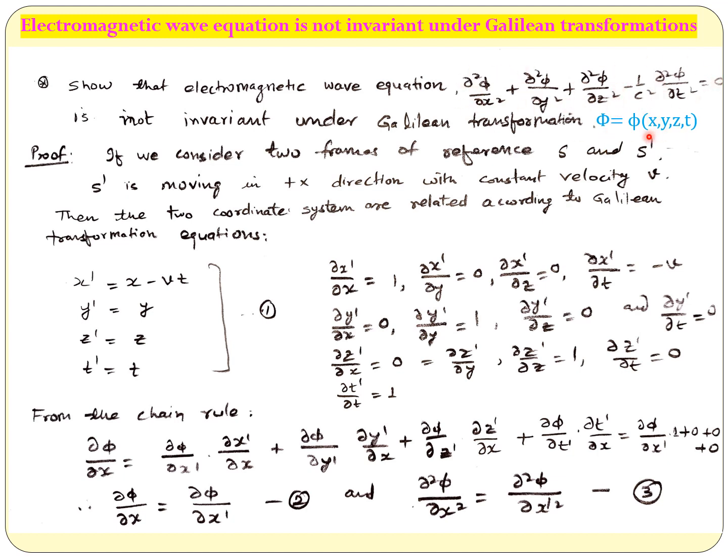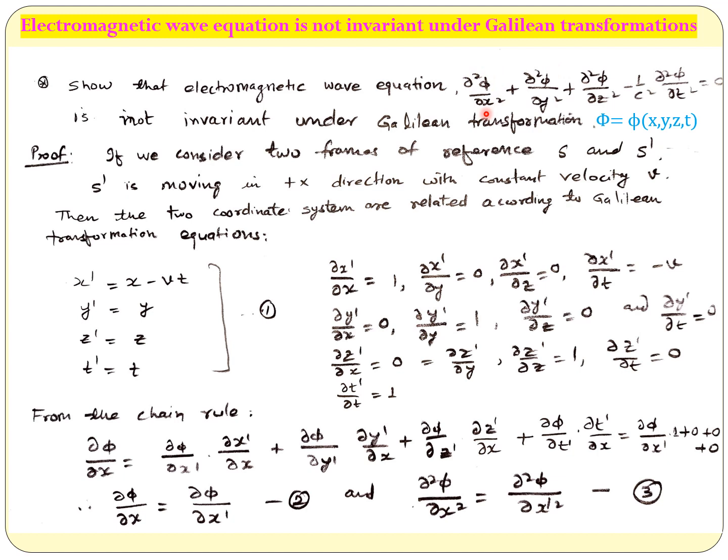And phi is a function of x, y, z and t, or phi is a function of x prime, y prime, z prime and t prime. So we first have to differentiate this phi with respect to x two times. Everything we have to differentiate two times and use the Galilean transformation equations.